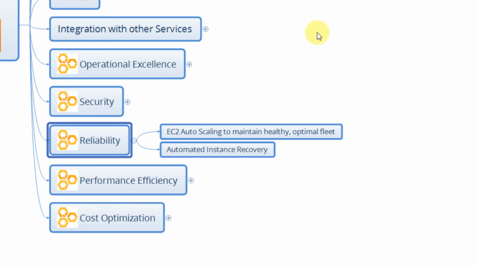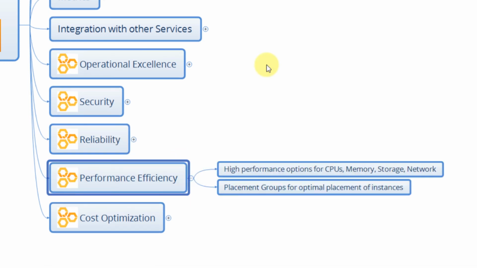In terms of reliability, the auto scaling feature helps you maintain a healthy optimal fleet automatically, and the automated instance recovery also handles failures associated with the instance, thus contributing to greater reliability. Performance efficiency: there are a lot of high performance options for CPUs, memory, storage, and network. And the placement groups feature helps you with optimal placement of instances.